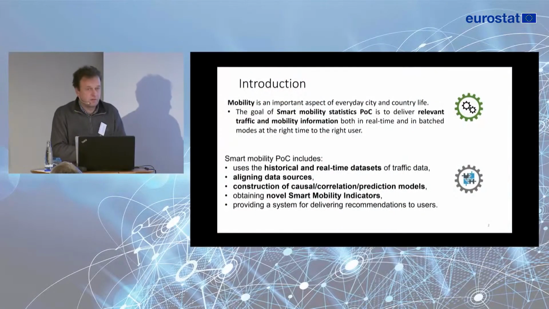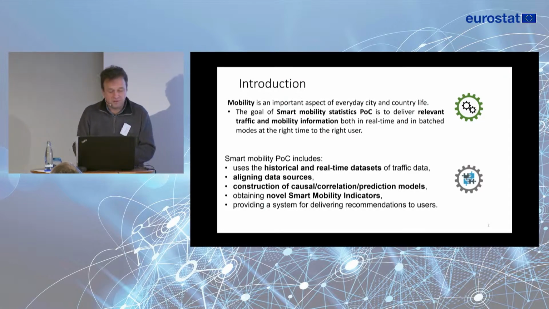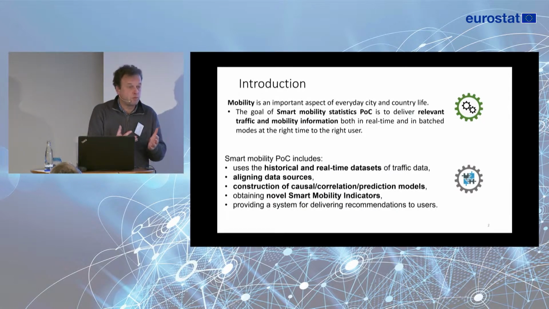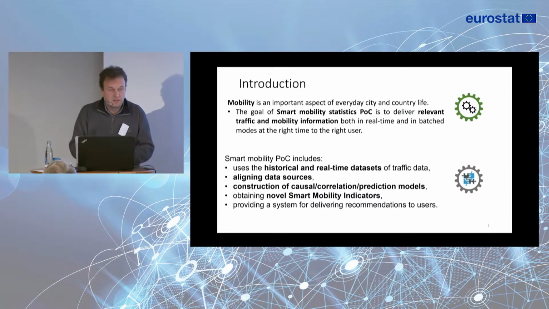We all know mobility is relevant, so no need to explain this, right? So in our proof of concept, we used historical and real-time data sets, so the old data sets and the data which is actually coming directly from the wire, which you will see. Then the next stage was really aligning these sources, right?